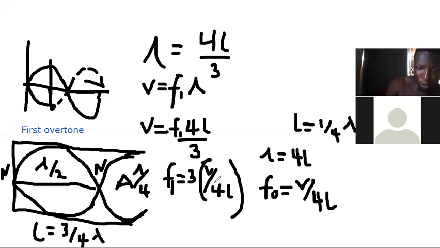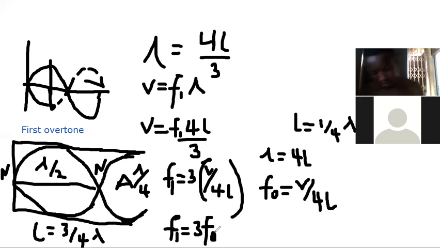But you know that V all over 4L is also equal to the fundamental frequency. So this means that the first overtone is equal to 3 times the fundamental frequency. Have you seen it? Yes, sir.